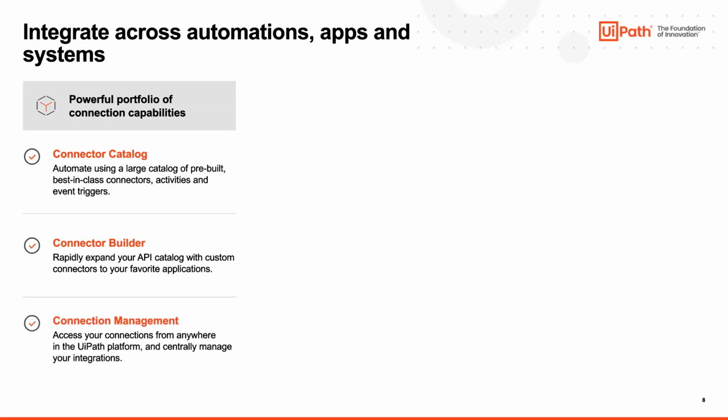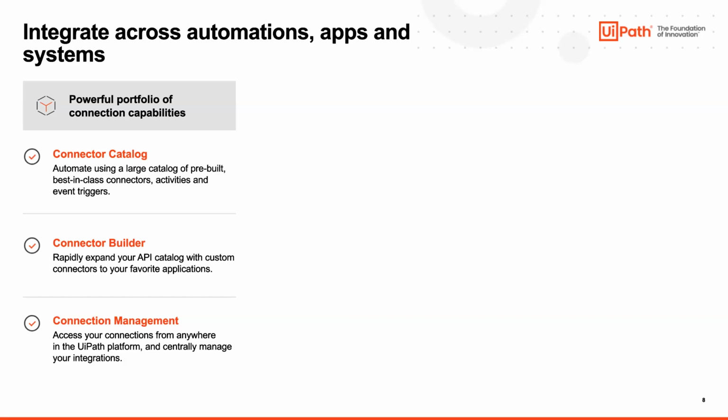Moving on, we also have the connection management. And by connection management, what I mean is we have a central management of all the connections that are created for any connector. And those connections can be accessed across the UiPath applications that are integrated with integration service.